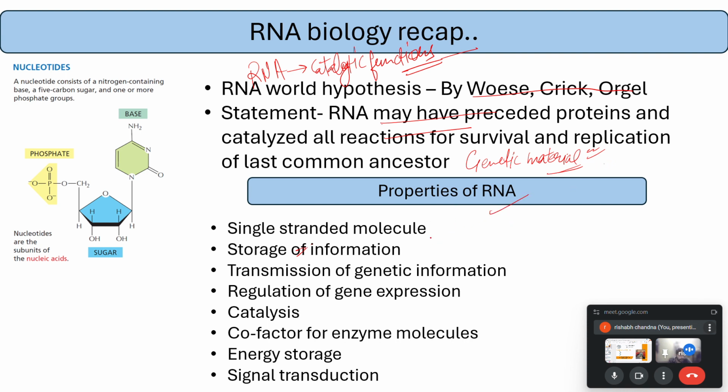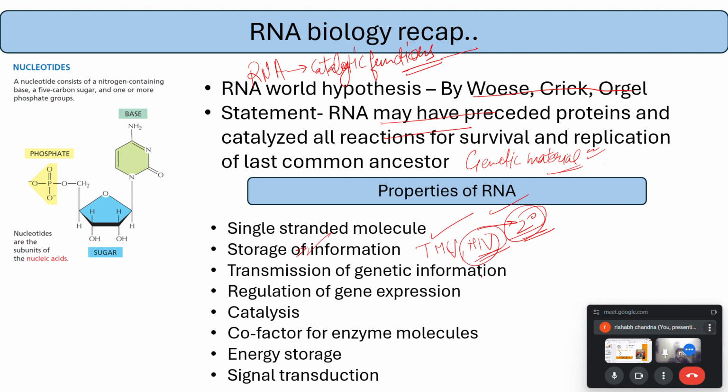For example, it is a single stranded molecule and it has many secondary structures because of the presence of the 2' OH group that is shown in this particular figure. Some viruses, for example tobacco mosaic virus and HIV, have RNA as the genetic material.